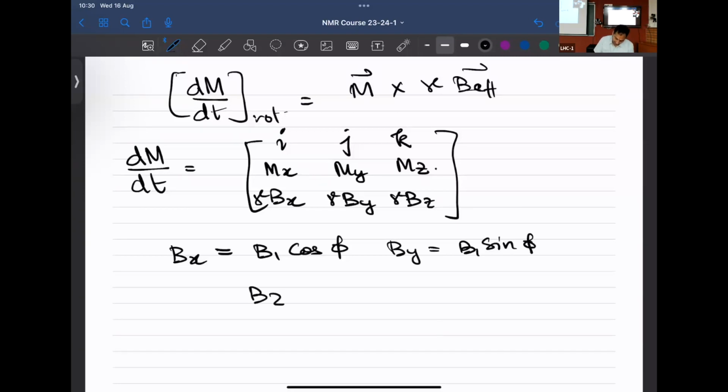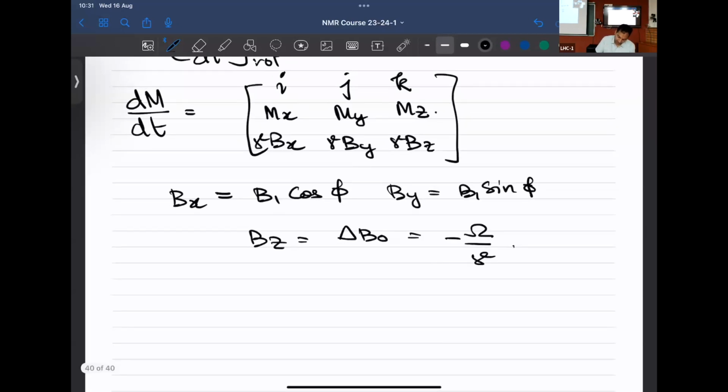What is going to be Bz? Delta B0 times k. The k is where you put it already in the k part, right? Which is going to be equal to minus capital omega or small omega, where capital omega is the offset. Correct? So let's substitute these in the equation and let's see what we get.